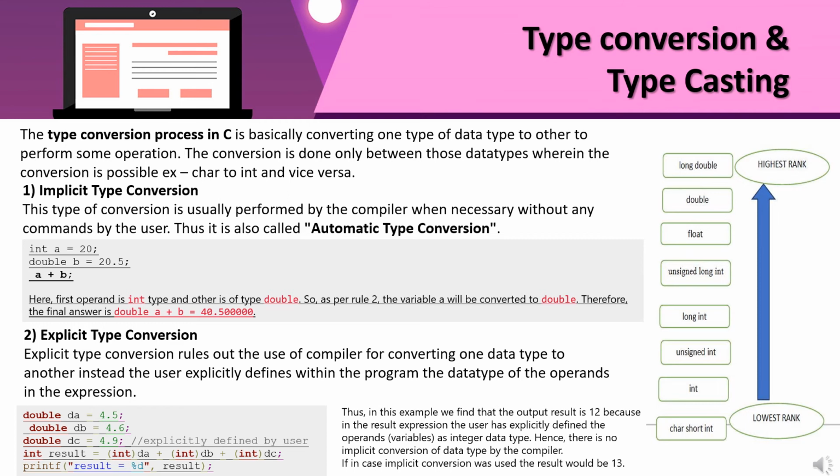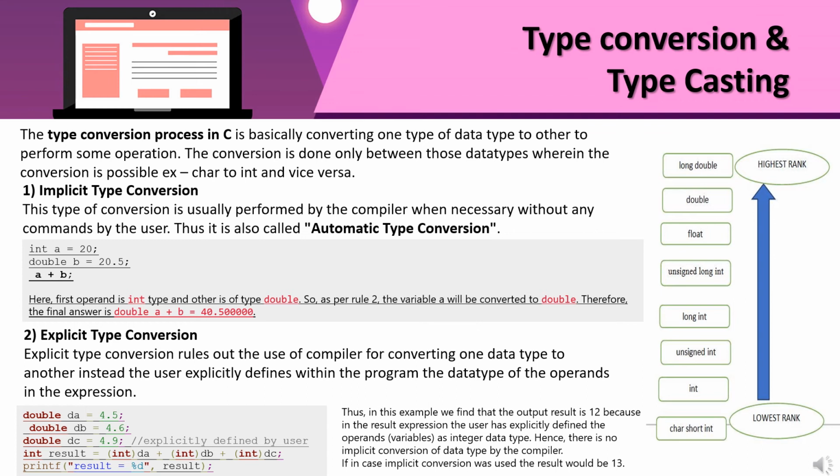Implicit type conversion is usually performed by the compiler when necessary without any commands by the user. It's also known as automatic type conversion because it's done by the compiler on its own without any external trigger from the user.